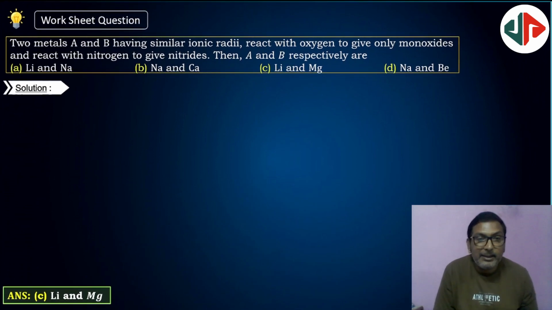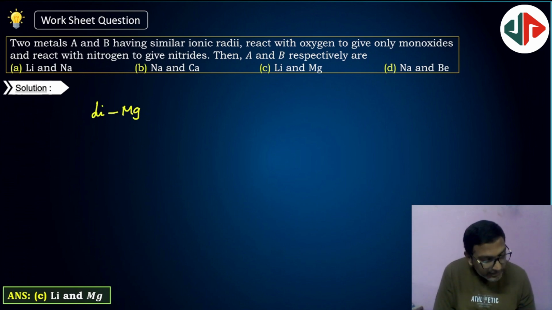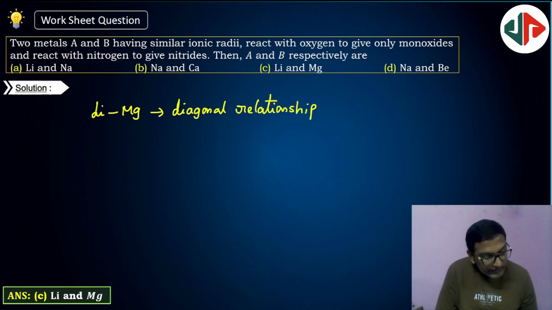Two metals A and B having similar atomic size react with oxygen to give only monoxide and with nitrogen to give nitride. A, B are? Here lithium and magnesium can show diagonal relationship. Lithium with oxygen forms Li2O.